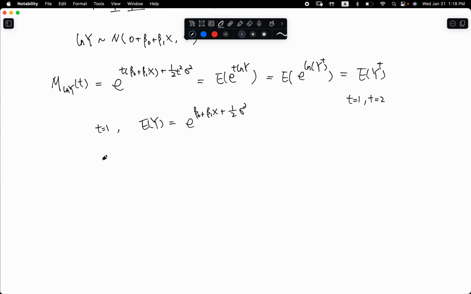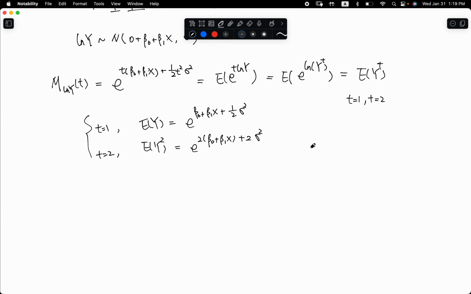When we set t equal to 2, you will have the second moment, and that would be e to the 2 times beta 0 plus beta 1 x plus 1/2 times 2 sigma squared.